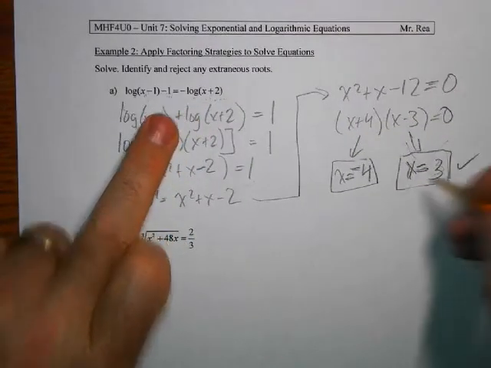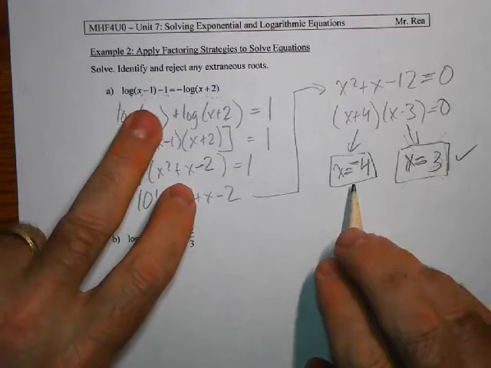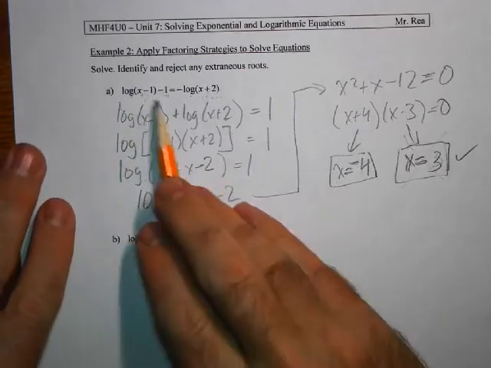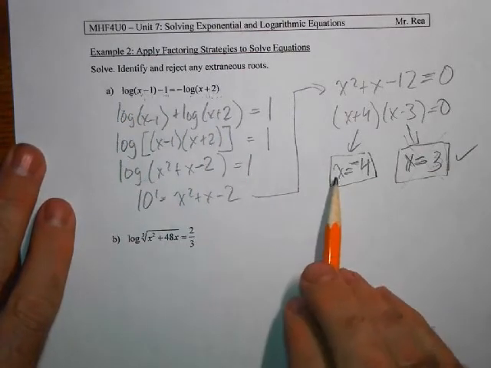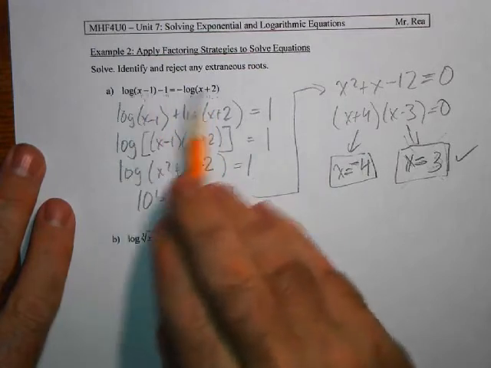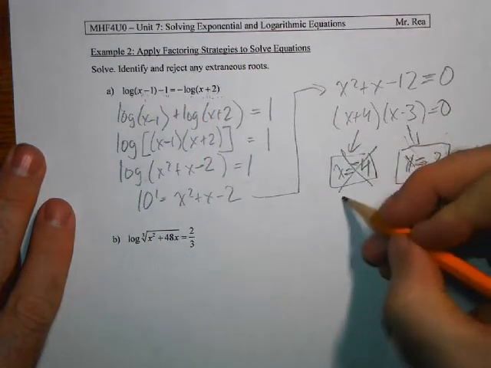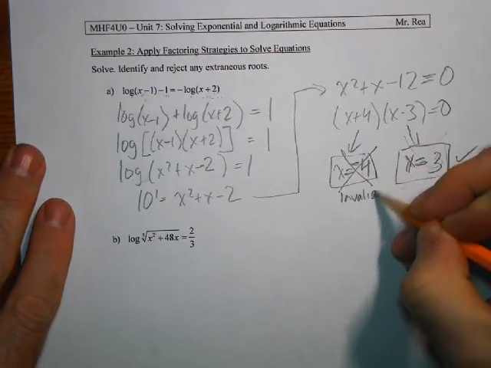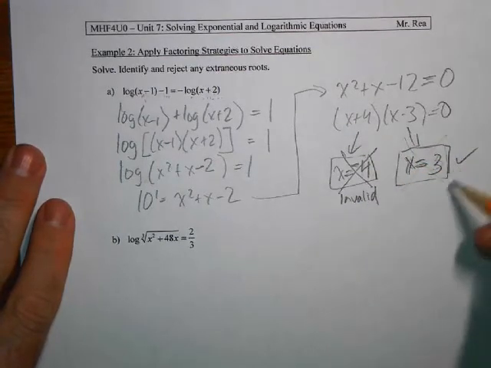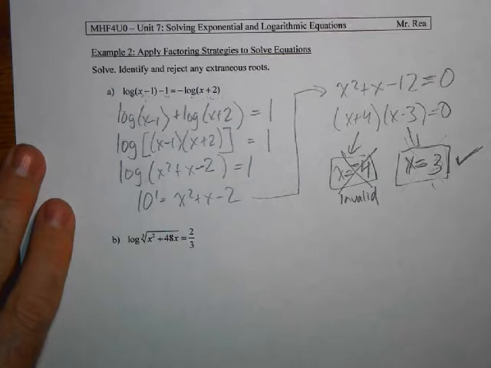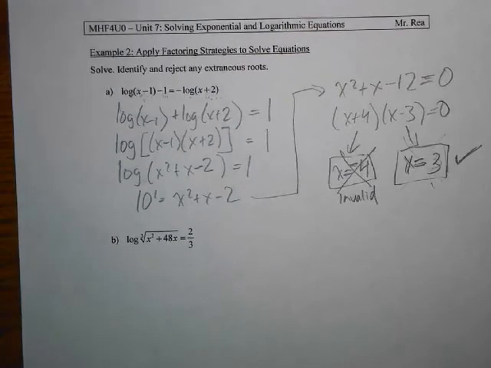So this one's okay. This one obviously won't be. I get a negative 5 in here, and I get a negative 2 in there. Even if I only got one negative, it still would not be valid. Invalid or extraneous, whatever you want to say. So this is our solution, our only solution.